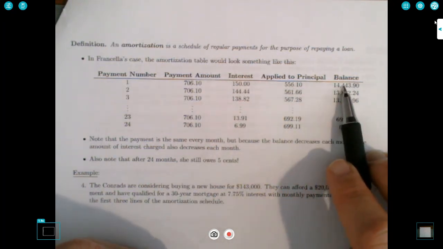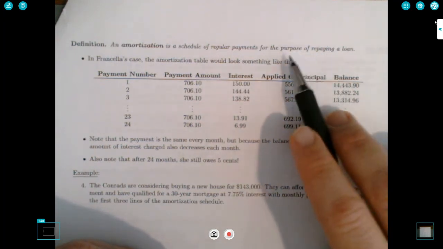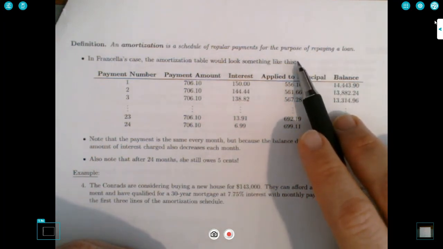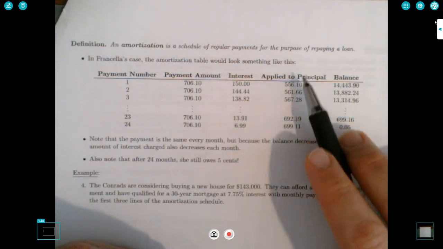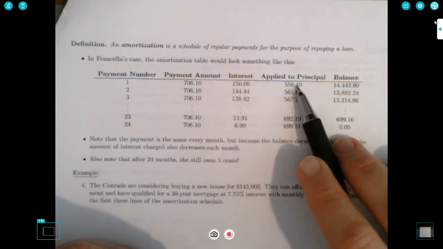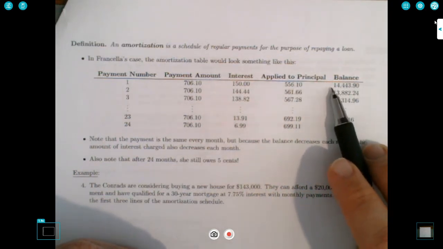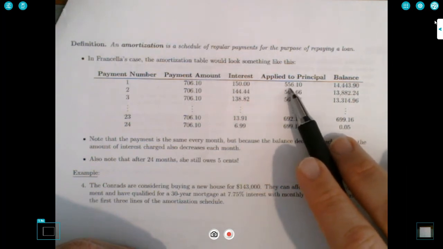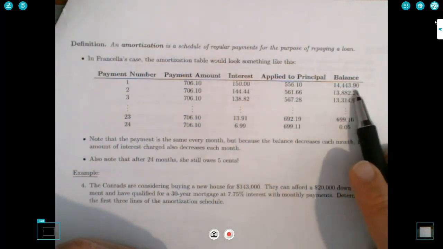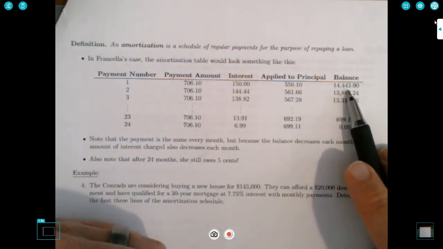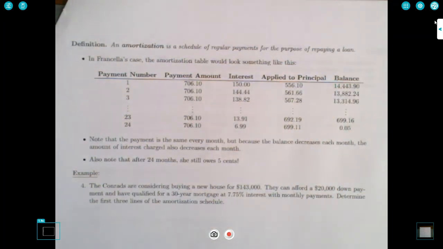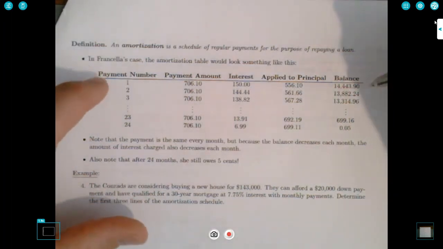And so the balance is going to be the $15,000 that she borrowed minus this amount of money that she's applying to the principal. So $15,000 minus $556.10 gives you $14,443.90, right? And that's just for her first payment.